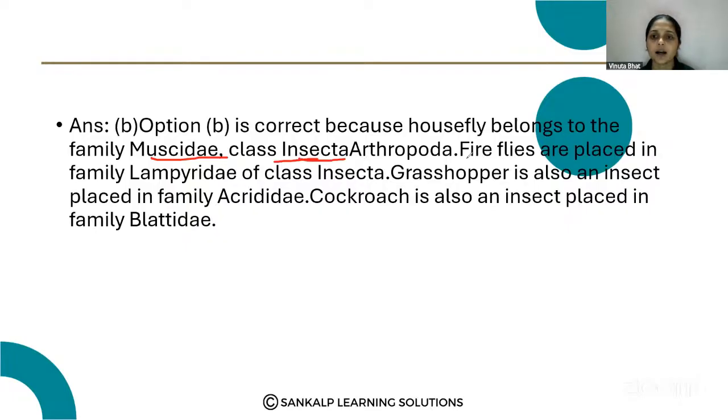Fireflies are placed in the family Lampyridae, and in the class Insecta. Grasshopper is placed in the family Acrididae, and cockroach is placed in the Blattidae. So that is the family of the cockroach.